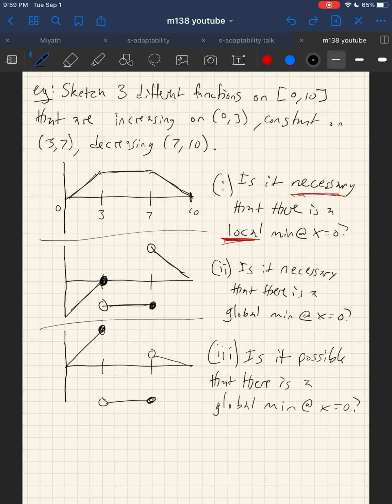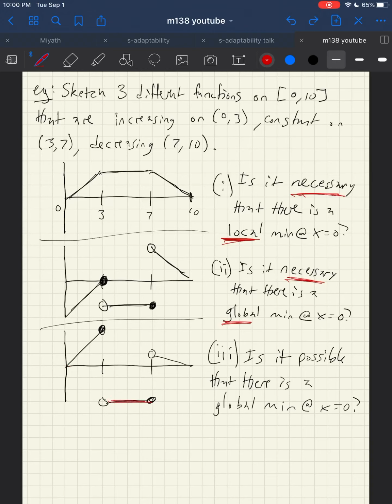Now the question is, is it necessary that there is a global min at x equals 0? I think the first and the third clearly show this is not a global min because it's identically achieved over here. This is not a global min because there's a different global min that's down. Well, actually, there's not a global min, but this is definitely not the lowest point.